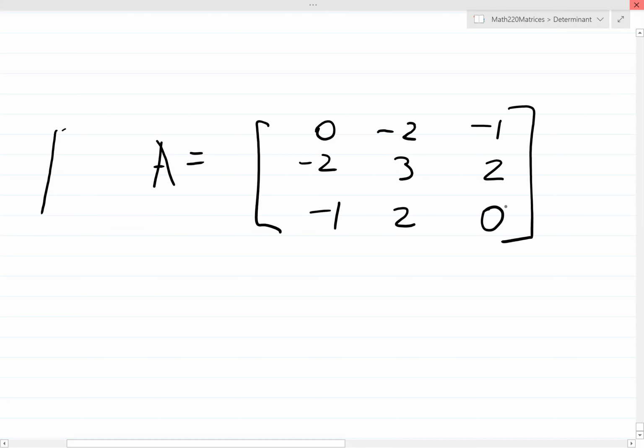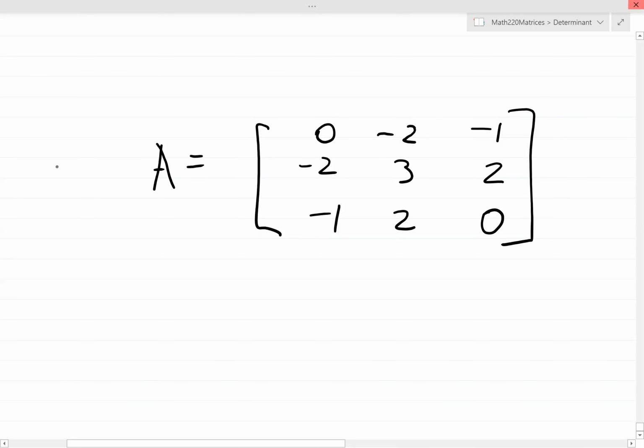So this 3 by 3 matrix, what we want is to see if A is diagonalizable. If it is diagonalizable, then we diagonalize it. Remember, to determine if it's diagonalizable, we find its eigenvalues and eigenvectors.